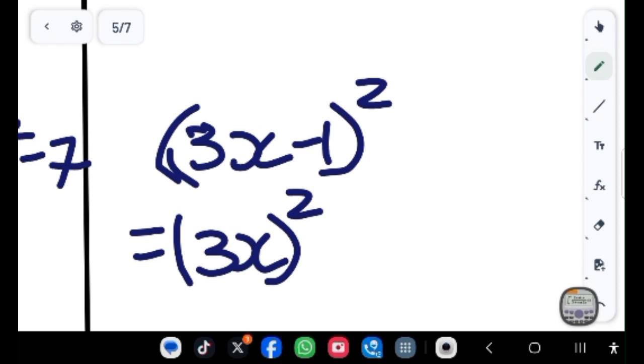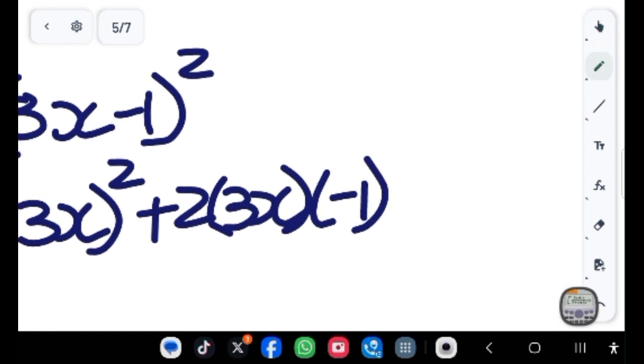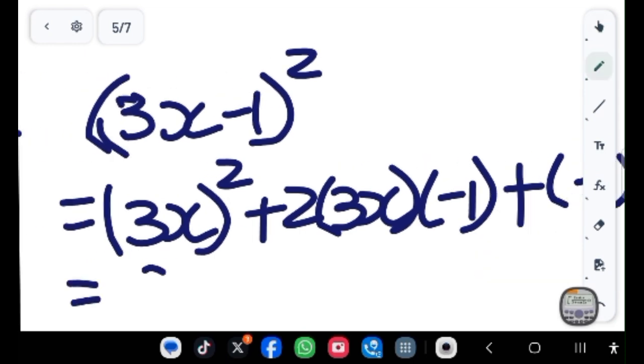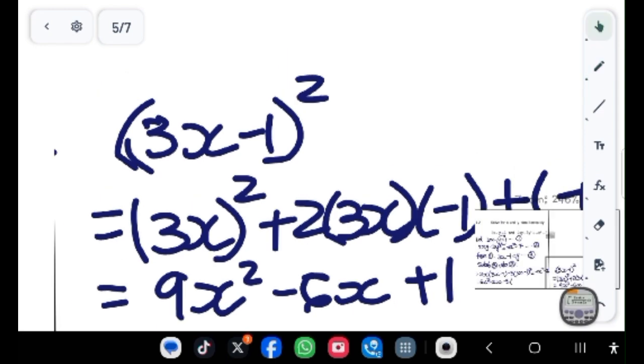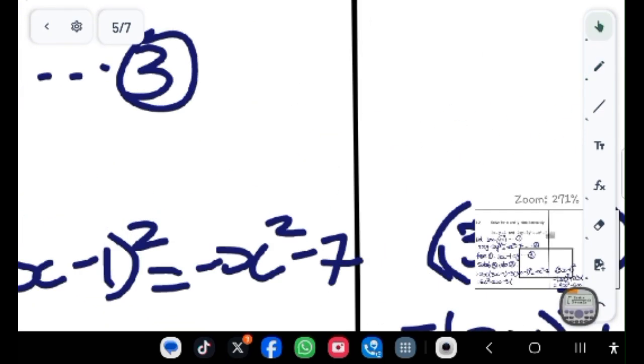That is the square of the first term plus 2 times the product of the terms including their signs, and then plus the square of the last term. It gives you the same result. So there will be 9x squared minus 6x plus 1, but this is a shortcut, that's why I prefer it. So that's 9x squared minus 6x plus 1.